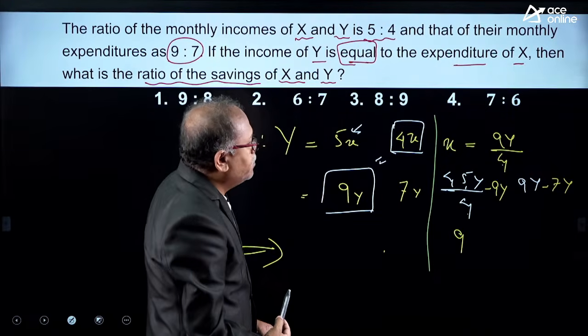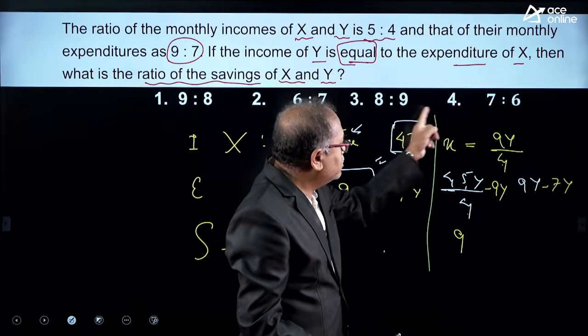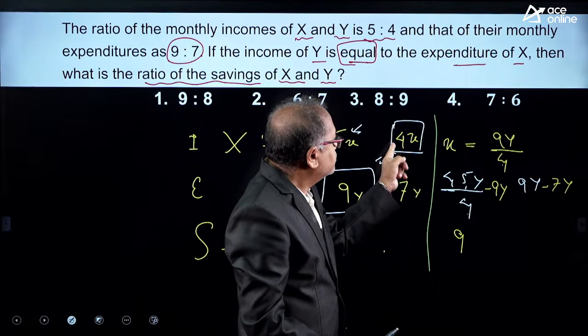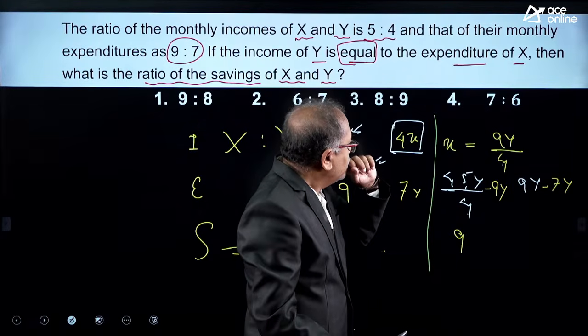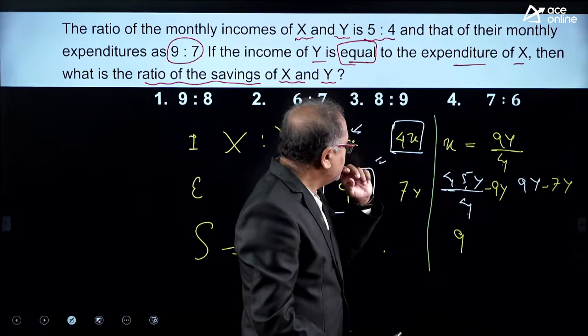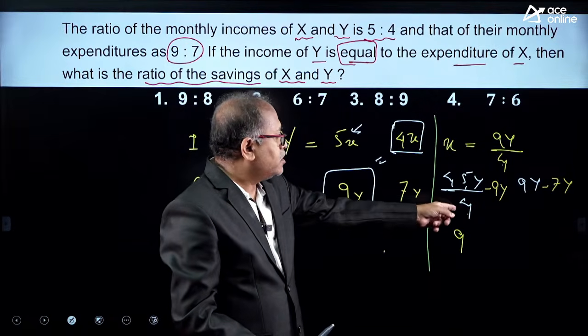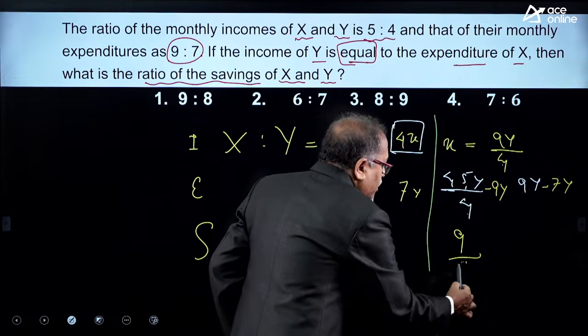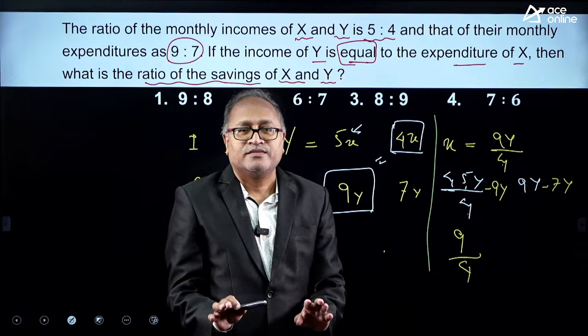4 gets cancelled. Here it is 7y and 36. Okay, I was just missing this denominator.